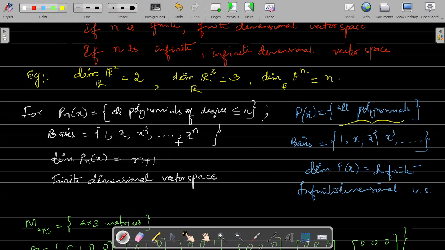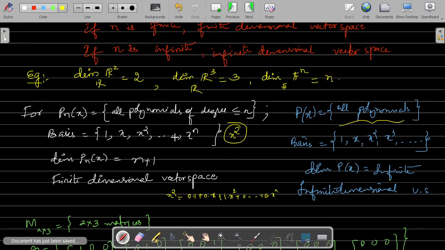They will become a basis. For example, if you have taken a simple quadratic polynomial x square, then that x square can also be written as a linear combination of these basis vectors as 0 into 1 plus 0 into x plus 1 into x square, because only x square, rest all 0. So any vector, if it can be written uniquely as a linear combination of the given vectors, then those vectors form a basis.